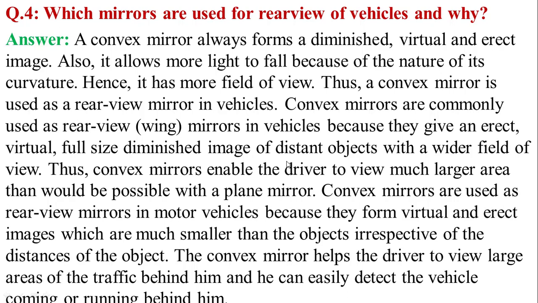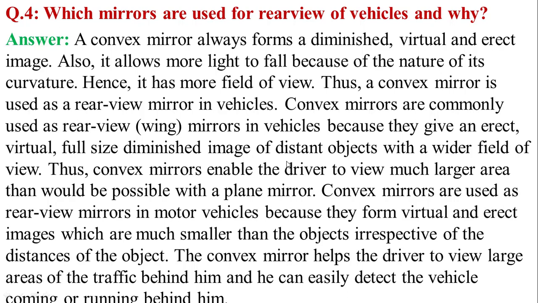Convex mirrors are commonly used as rear-view mirrors in vehicles because they give an erect, virtual and full-size image over a wider field. So we can use a convex mirror to enable the driver to view a much larger area than with a plane mirror.